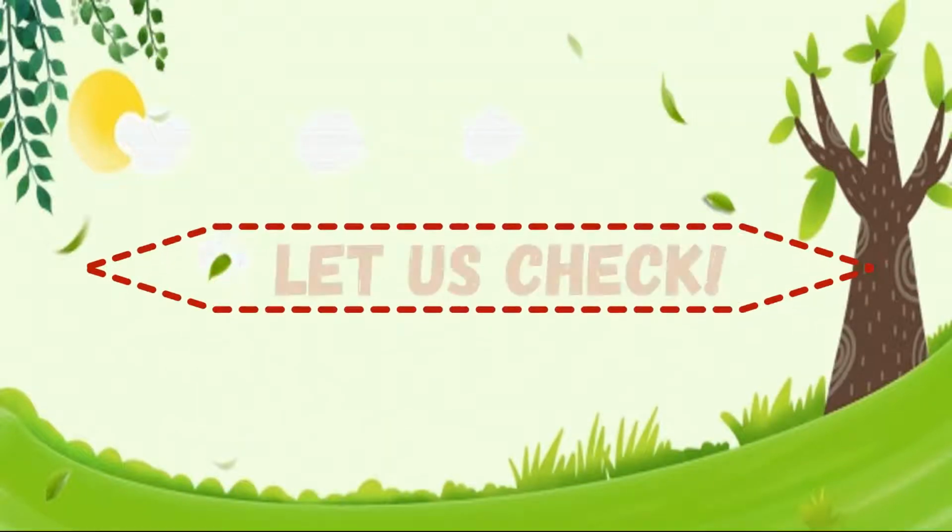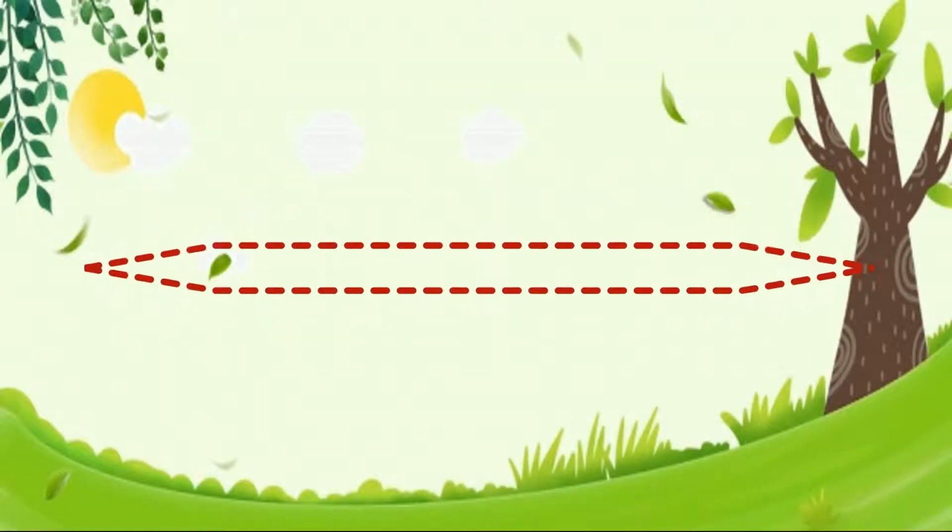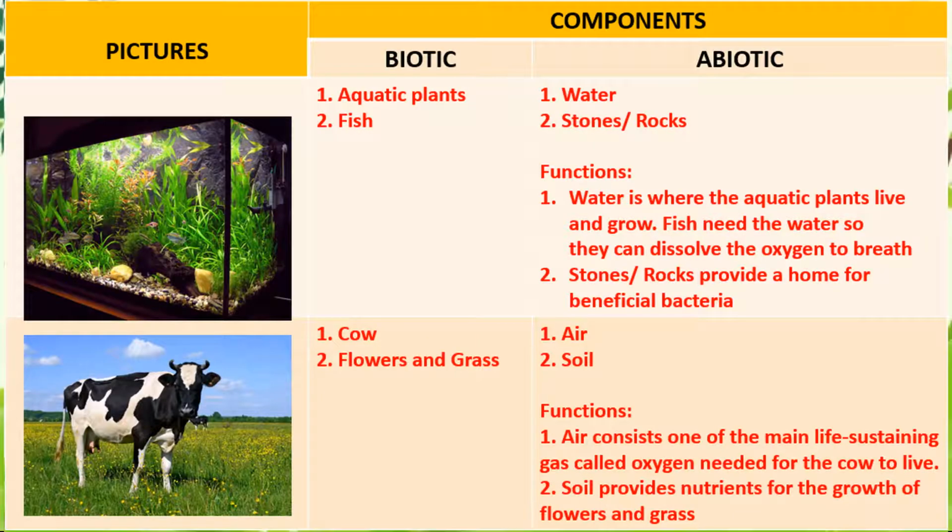Okay, learners, let us check. In the first picture, the biotic components are aquatic plants and fish, while the abiotic components are water and stones or rocks. According to the instruction, you need to describe the function of the abiotic component.